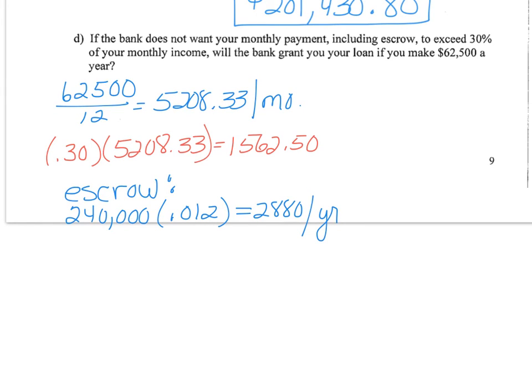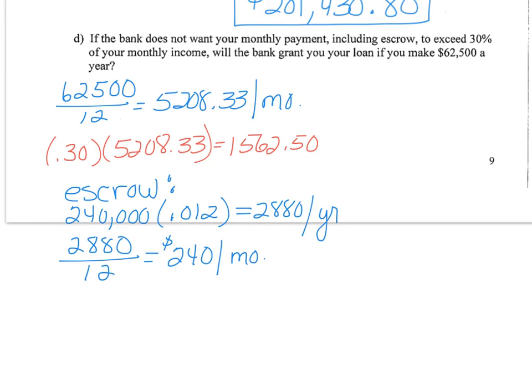But I don't pay escrow per year. I pay escrow per month. So $2,880 divided by 12 is going to give me $240 that I'm going to have to pay in escrow per month. MO stands for month, okay? All right, so now let's figure this whole thing out.